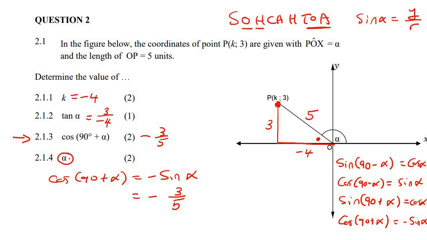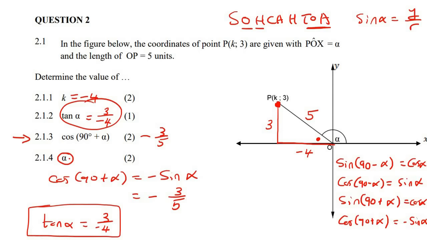Now here they are asking for alpha, so we can come back to this and say that tan alpha is 3 over -4. Now you're just going to use reference angles and all of that from general solution. With general solution, remember, we don't put the negative on the calculator.